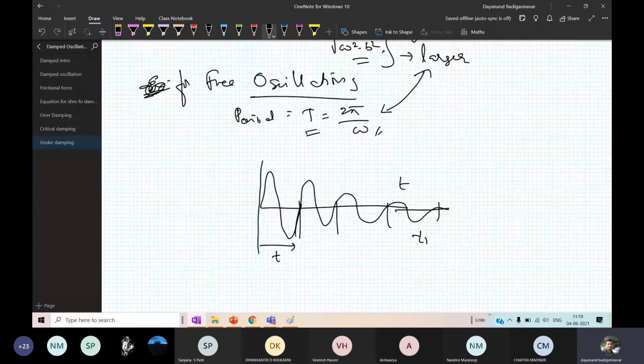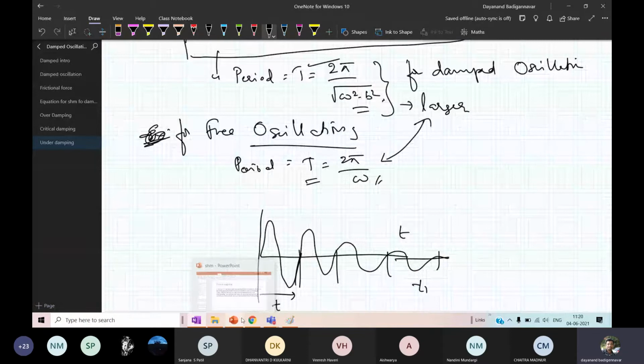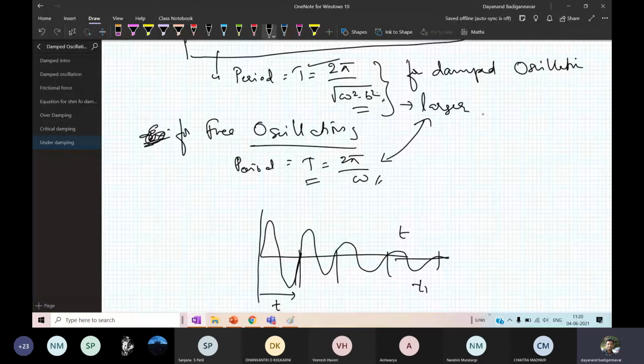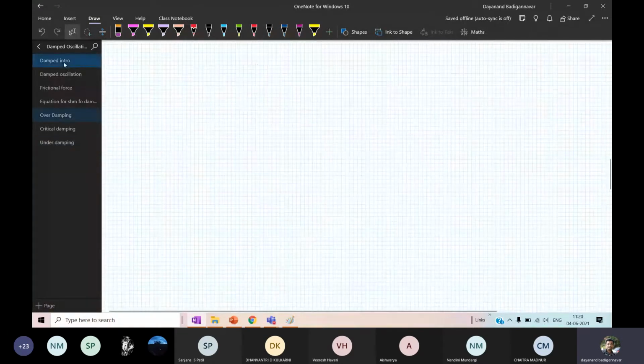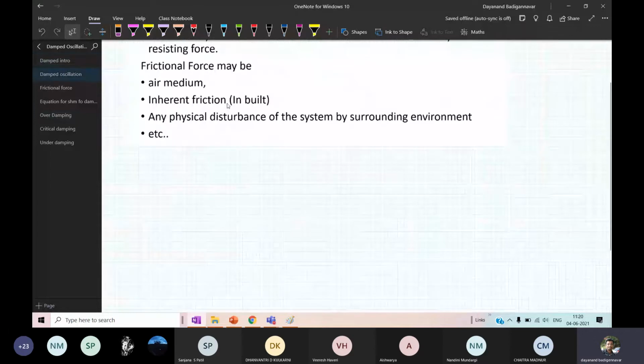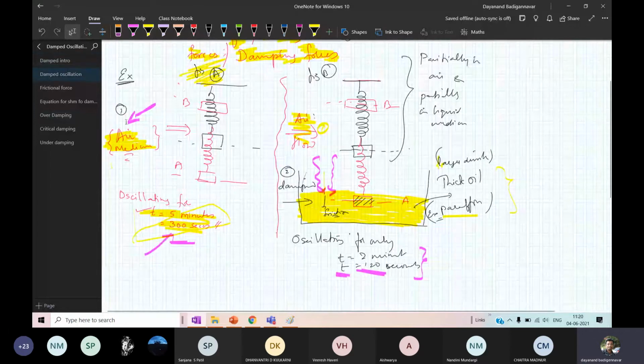In damped oscillations, I will give a small recapitulation of what we have done in the classes. We have done the analysis for the damped oscillations. First, the meaning of damped oscillations. Then I gave you the explanation for damping with the help of a damper, that is thick coil and airflow. Next, we determined the frictional force.